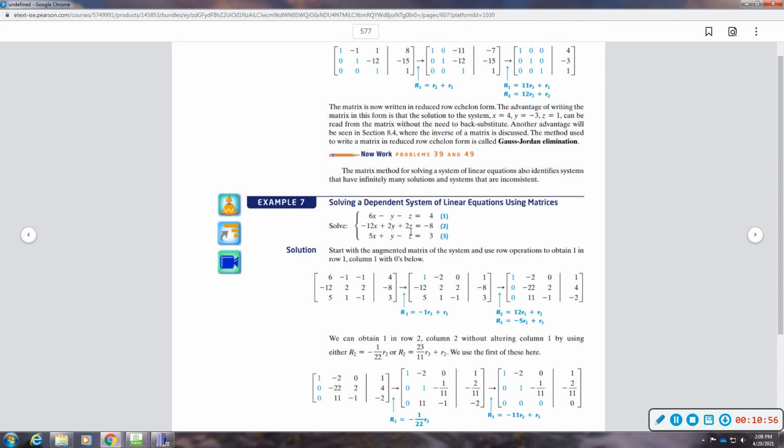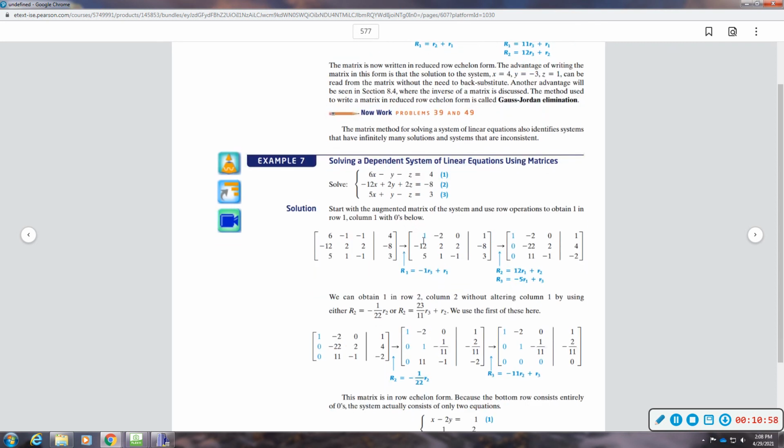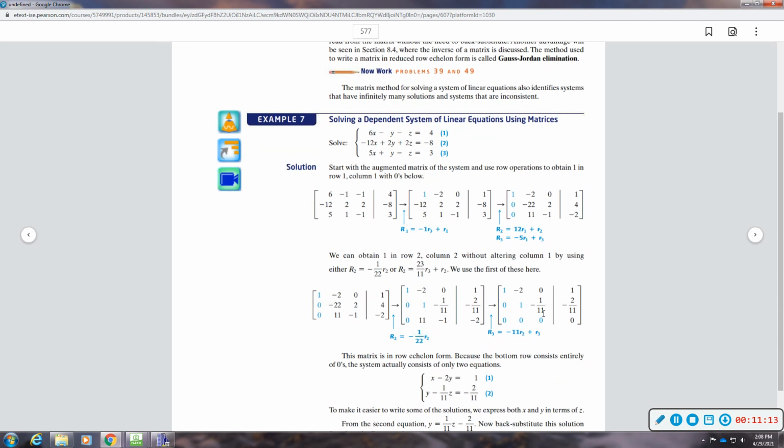How you will identify that is when you begin to do the row echelon form or reduced row echelon form. If you notice that one row completely zeroes out, 0, 0, 0 equals 0, that is a true statement, then that means we have a dependent system. So one of those equations is the same.